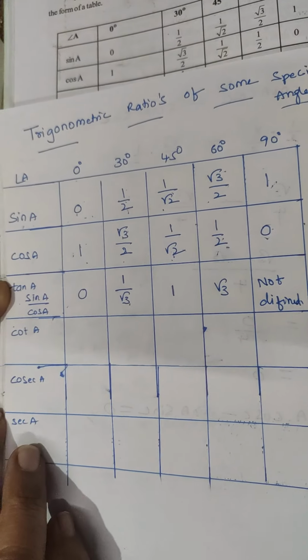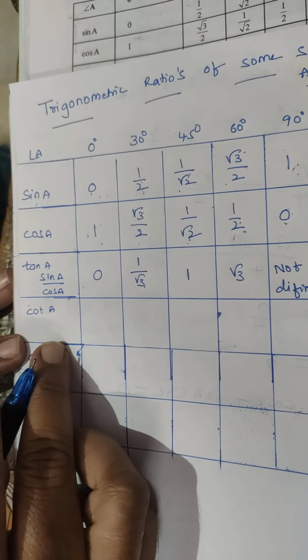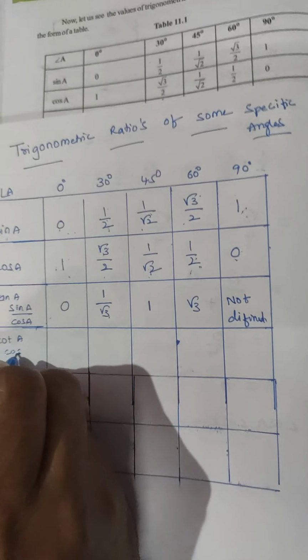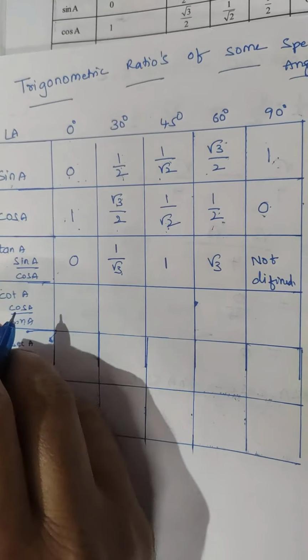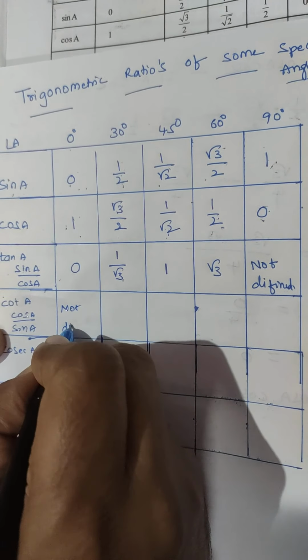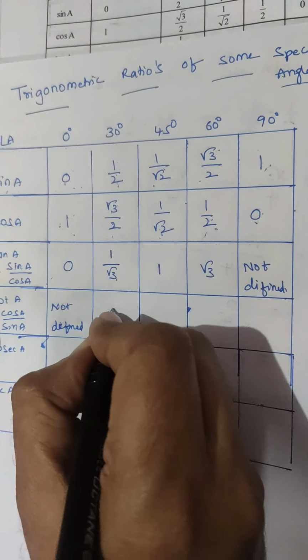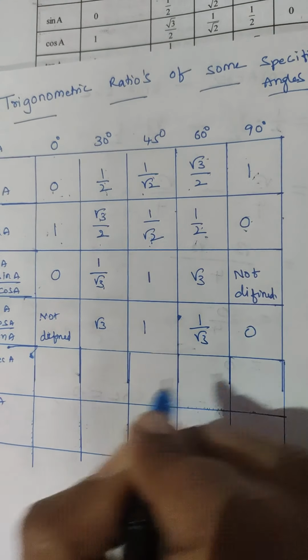So this is tan. Now cot. Cot is cos A by sin A. So 1 by 0 is not defined. And then you get root 3 here, 1 here, 1 by root 3 here and 0.